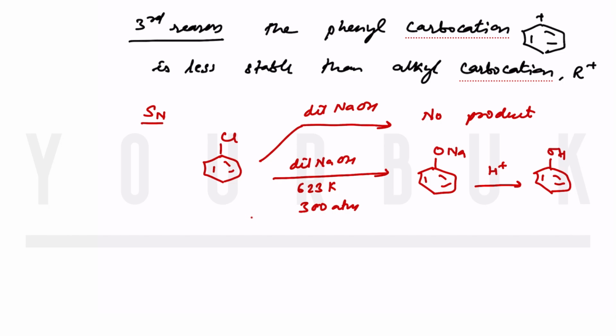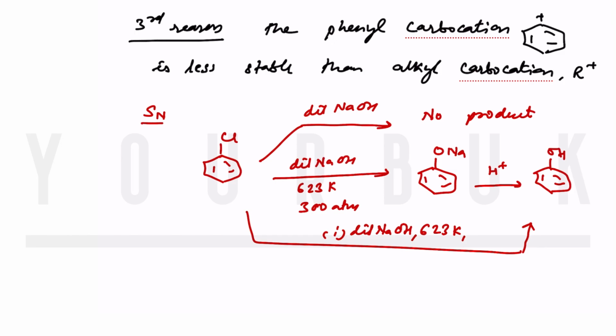You can write directly, changing chlorobenzene into phenol: dilute NaOH, 623 Kelvin, 300 atmospheric pressure, followed by acidification, it gives phenol. And once upon a time, this was a commercial method to prepare phenol called Dow's process.